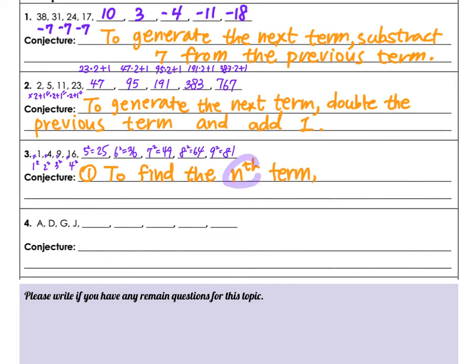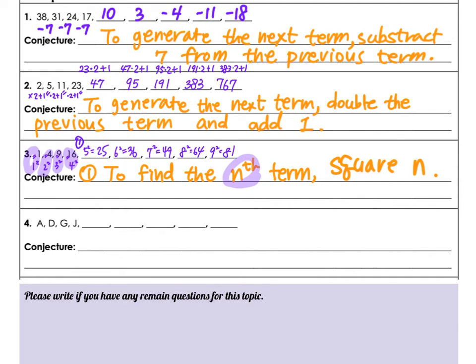The nth term means the first one is 1 squared, the second one is 2 squared, the third one is 3 squared, the fourth one is 4 squared. So it goes on, right? The fifth one will be 5 squared. That's what the nth term means. Then what do we need to do? That's right, square n. So that's the first pattern.